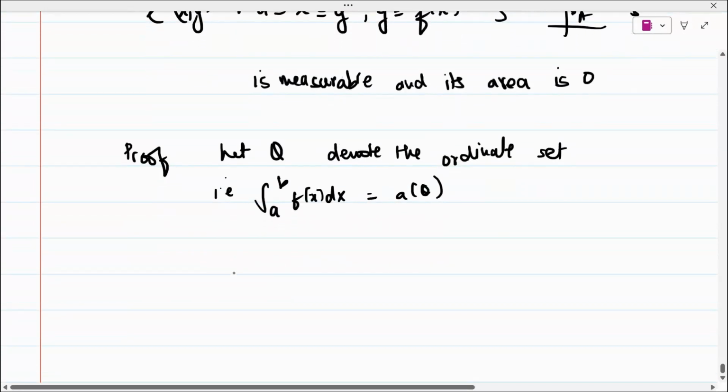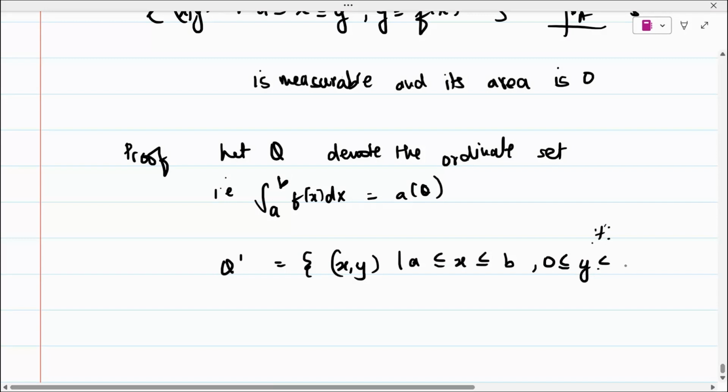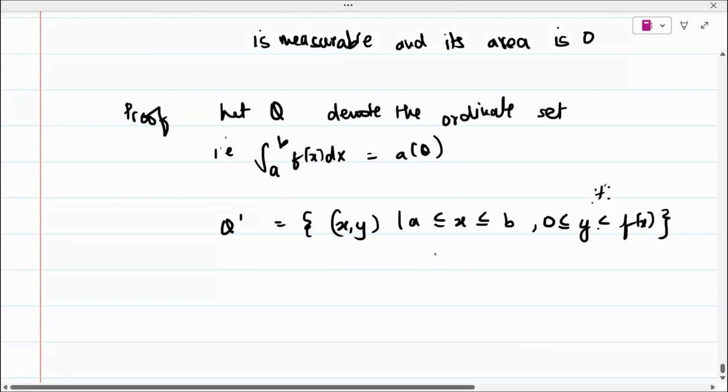Now let Q dash be the set where y is strictly less than f(x). This is an important point. So you just remove the curve, basically, to get Q dash.